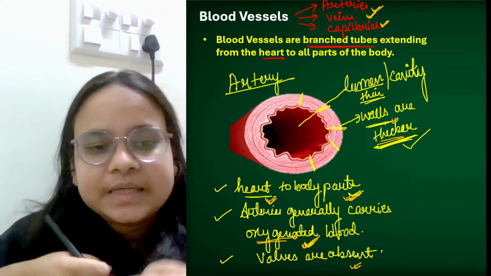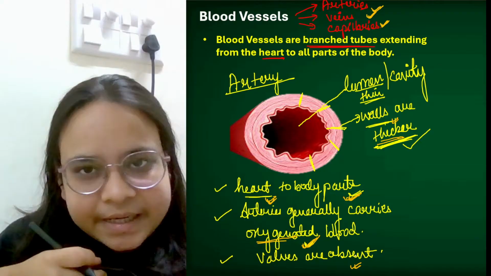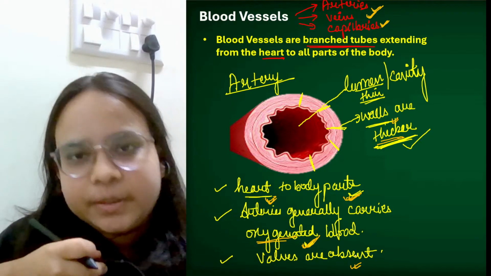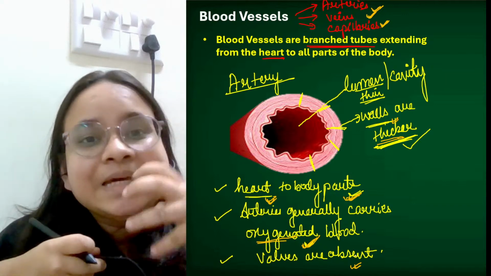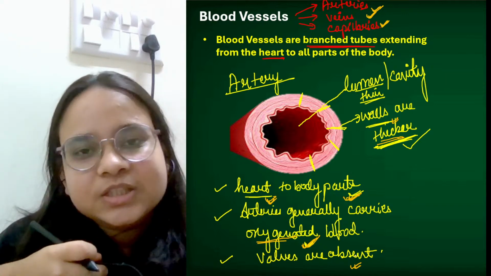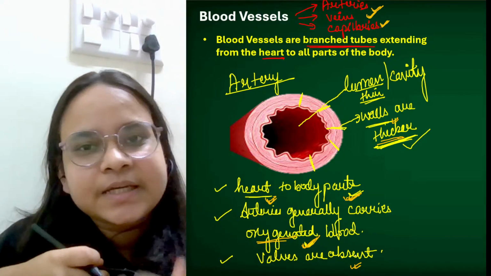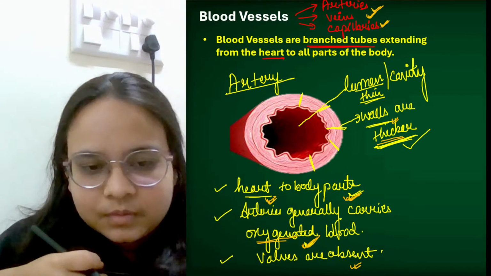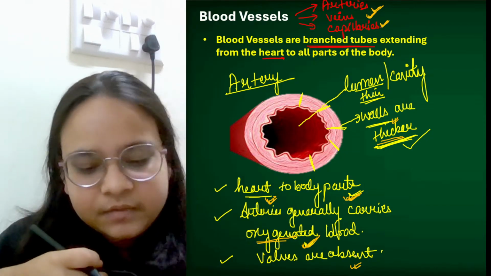Why? Because in arteries the blood is being sent from the heart to other body parts. When blood comes out of the heart, it is under great pressure, and something coming out at such great pressure will not have a tendency to move back again. So we do not require any valves there.